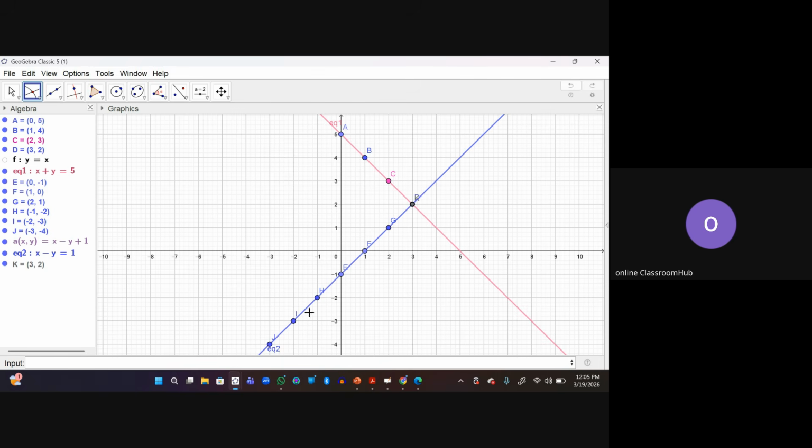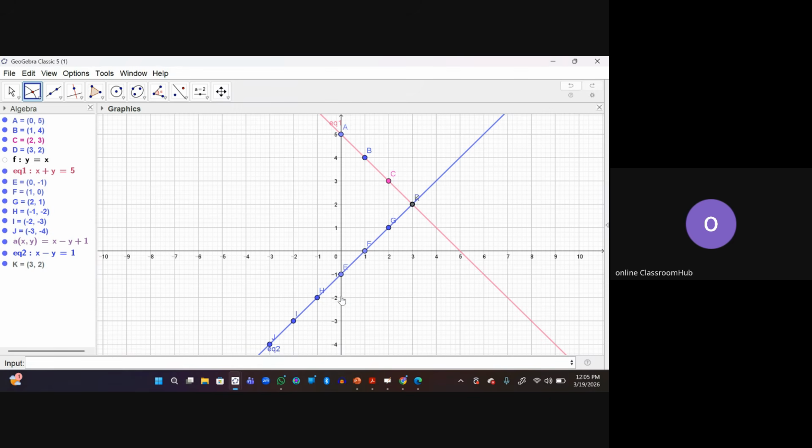How did we get H, I, and J? That is the opposite direction of E, F, and G. You know that the gradient is 1 over 1, that is 1 up, 1 to the right. If you want to go the opposite direction, it will be 1 down, 1 to the left. So you stand on the E, which is the original start point, the intercept.